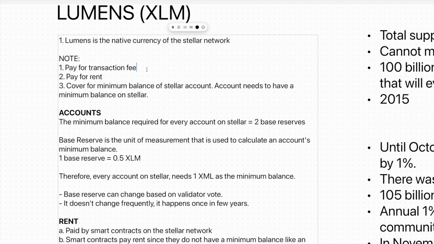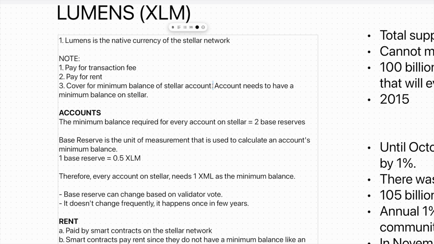You use it to pay for, I didn't want to talk about this until we get to accounts, but we could say that you use it to cover the minimum balance of a Stellar account. We'll come to Stellar accounts eventually in the course of this series, and we'll see that every account needs to have a minimum balance.